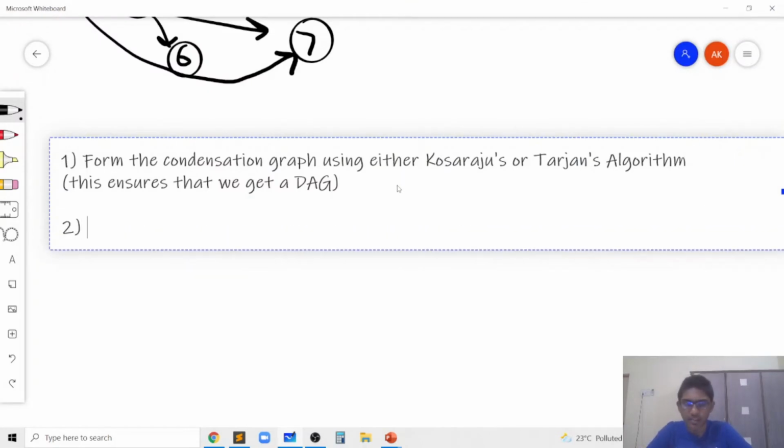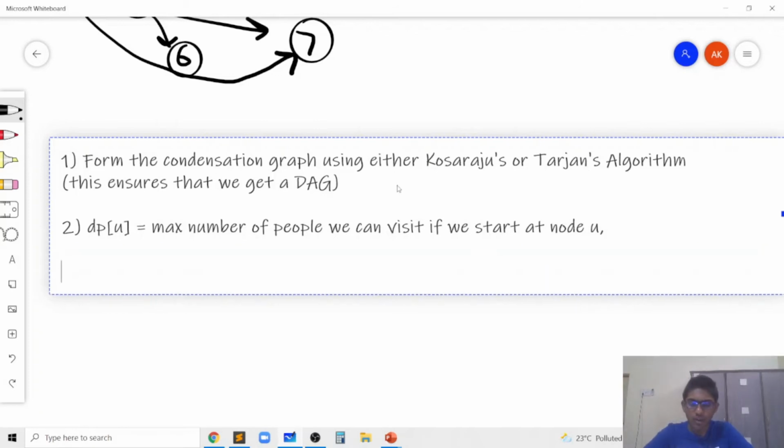Now I'll be describing the solution for subtask 2. The answer for the DAG will be: we'll use dp of u to represent the max number of people we can visit if we start at node u. In order to compute dp of u, we'll need to go through the children.